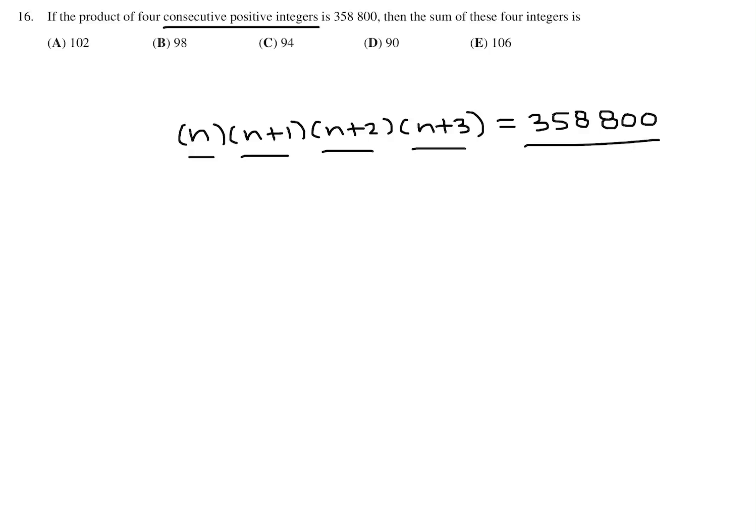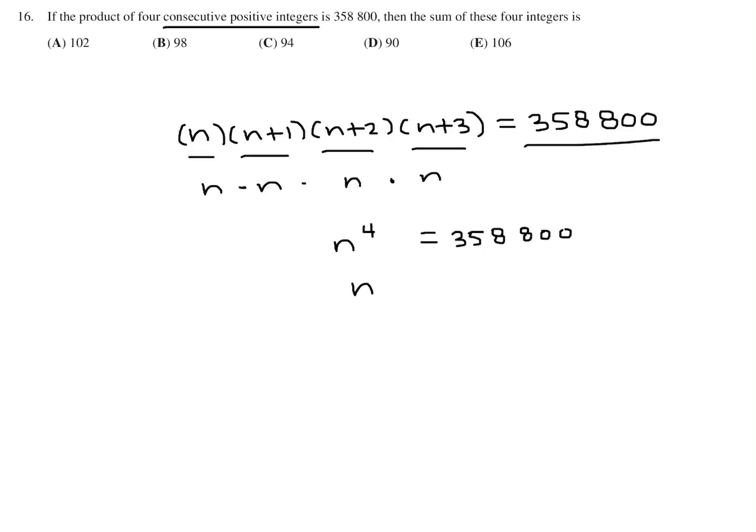But since they are so close to each other, we can kind of call each of them n. Now, this is not going to give you the 100% solution, but it'll give you an approximation, and that will help us. So that means we have n to the power of 4 is equal to 358,800.